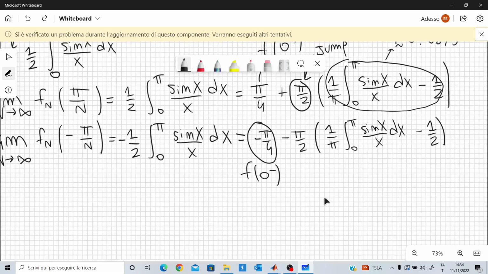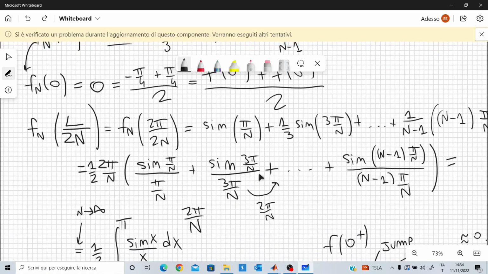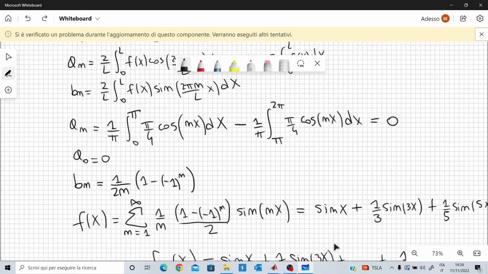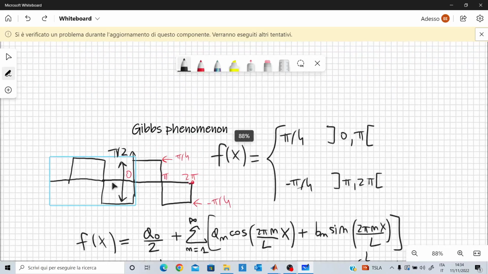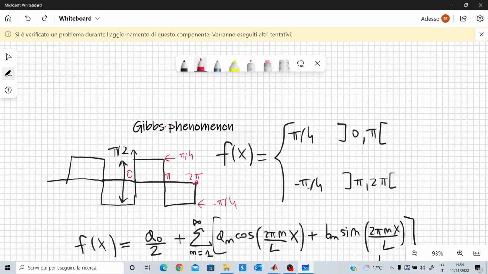So basically what this means, if we consider our function, is that even in the limit, in the neighborhood of the point x equal to 0, at the point x equal to 0 the function will be 0. Whereas very close to this point, but on the right, the function will have an overshoot here.